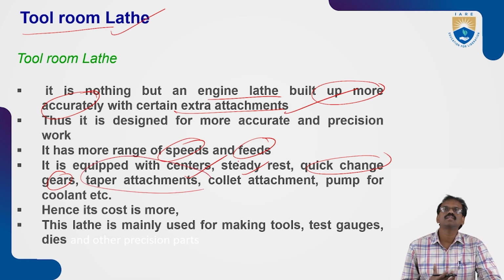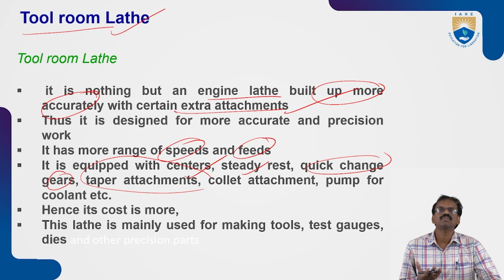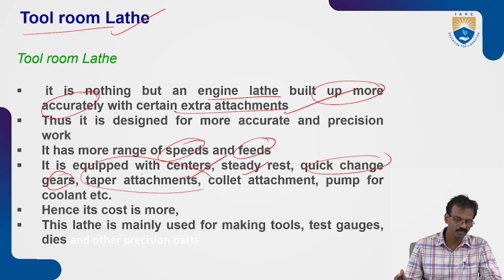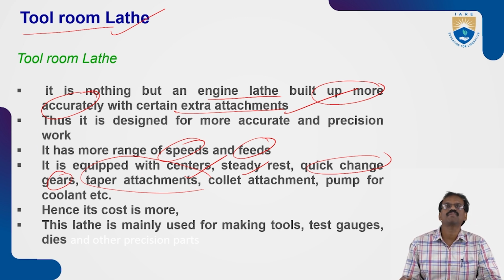You know that in an engine lathe, the compound rest is there on the cross slide to give angular movement to perform the taper turning operation. But along with that, here we will see more types of attachments to provide the taper turning operation.